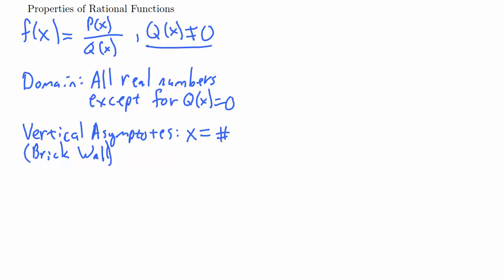Okay, now we want to talk about the horizontal asymptotes. A horizontal asymptote is effectively what the function is approaching as x gets really, really small and as x gets really, really large.